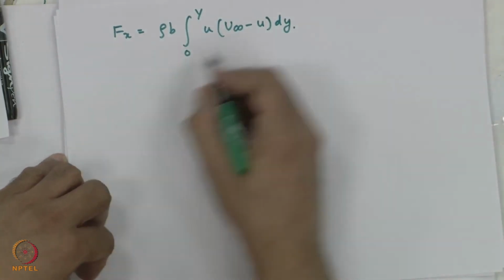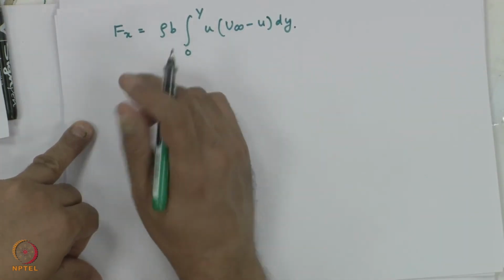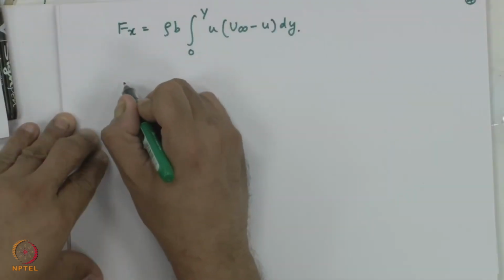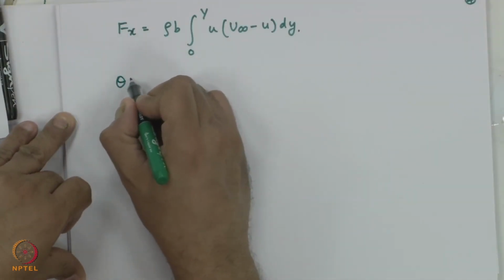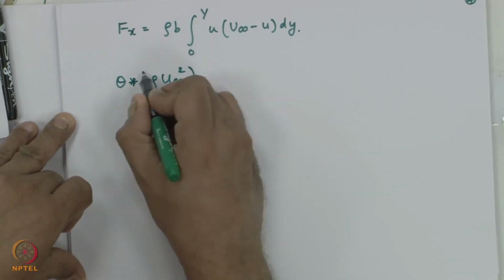Okay. Now, this momentum thickness is basically what is going to take care of this momentum deficit which has happened. So, I will write the momentum thickness times the mass flow rate. So, it is going to be theta into b rho u infinity squared.